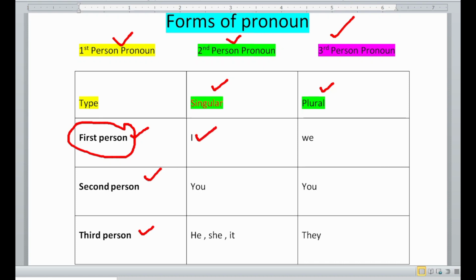We can take the example of a teacher in a class. The teacher will use I: I will teach you this, I will explain it again for you. If the teacher is one, he will use I, and it is first person singular.